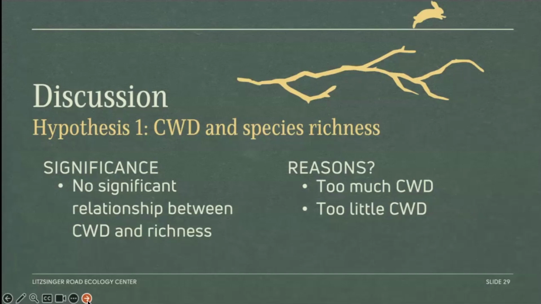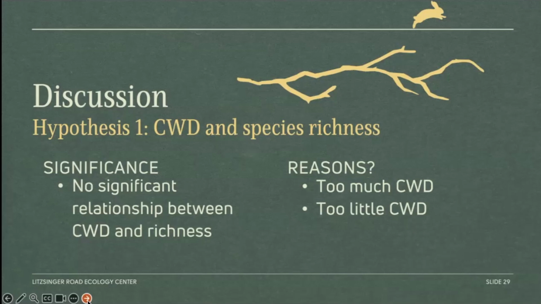The first, less likely reason is that there's too much coarse woody debris on our site. However, whenever I was looking around, it did not look as though we had that much coarse woody debris, so it's unlikely that those ecosystem services were just being used by the scattered coarse woody debris and none of them were being used by the brush piles.